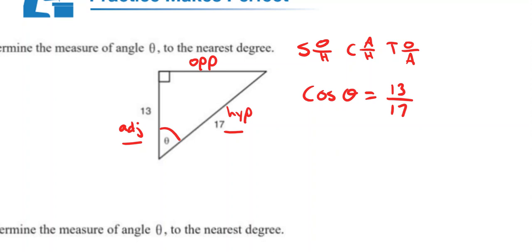Okay. So now the issue is I want to solve for that angle. The problem is that right now cosine of the angle is equal to 13 over 17, but I don't want cosine of the angle. I just want the angle. So I have to uncos it. I have to decos this thing. You guys remember how we untanned it last time?